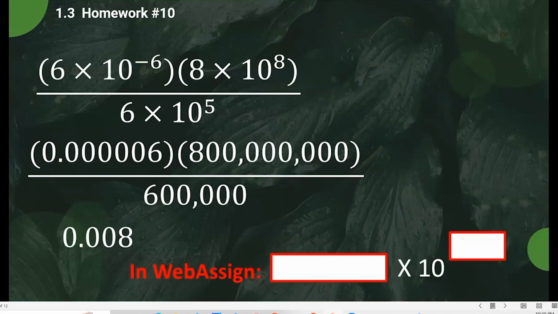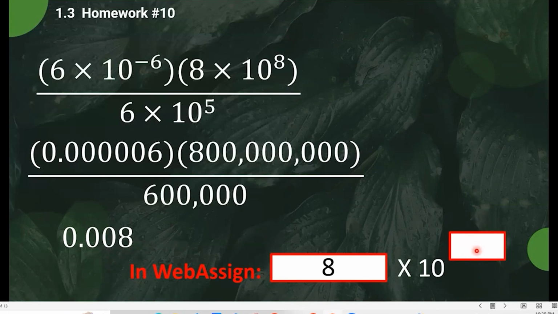All right, so then remember we have WebAssign. In WebAssign, they're going to want your answer like this. So we have 0.008. I'm going to have to move this decimal place 1, 2, 3. So I have 8 times, now what's going to go here? I moved the decimal place 1, 2, 3 times, right? But do I put a 3 here?